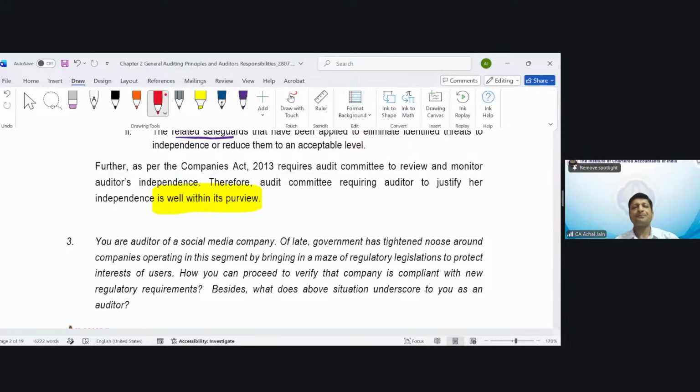How can you proceed to verify that the company is compliant with the new regulatory requirements? So it's about compliance with the laws, meaning the procedures you'll have to follow. Besides, what does the above situation underscore? Okay, for you as an auditor, how do you really go about it?